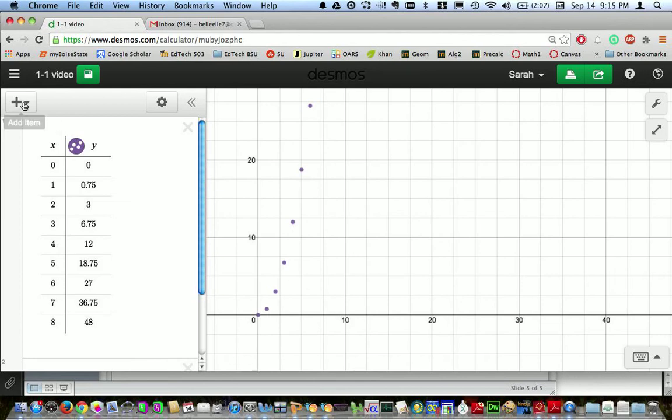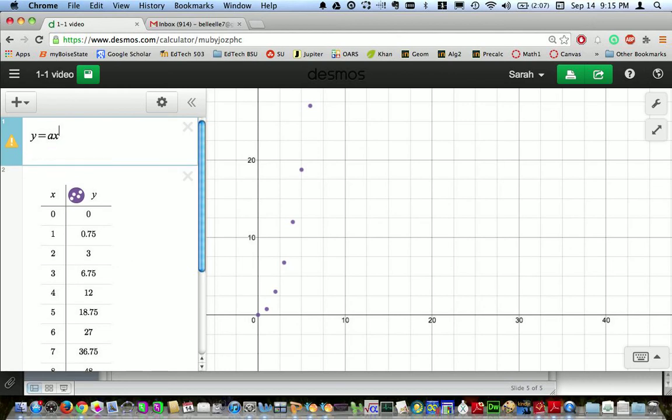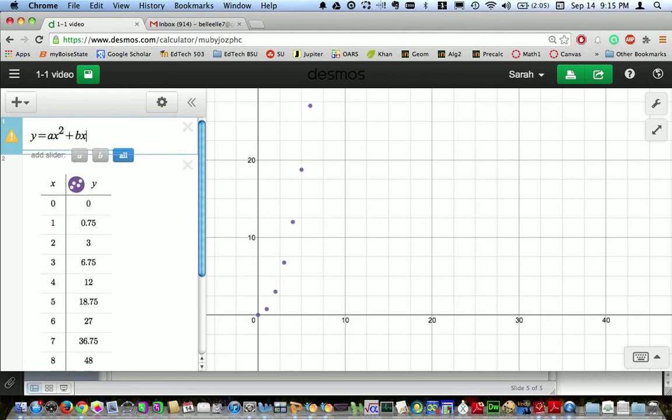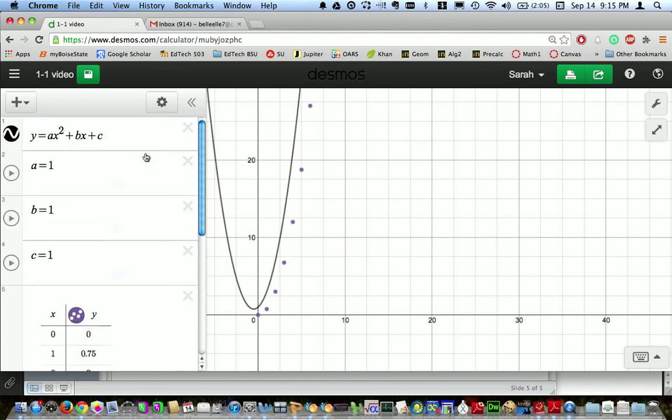So to do it on Desmos, I'm going to add an expression. And I'm going to type in y equals or f of x equals, it doesn't matter. And I'm going to type in the standard form of a quadratic. So ax squared plus bx plus c. And when you use a, b, and c, it's going to ask you for the sliders. And I'm going to choose all.